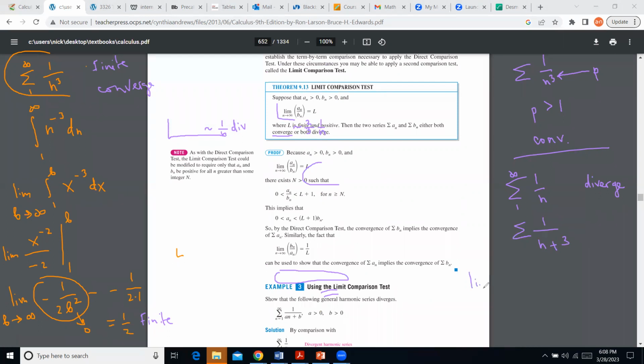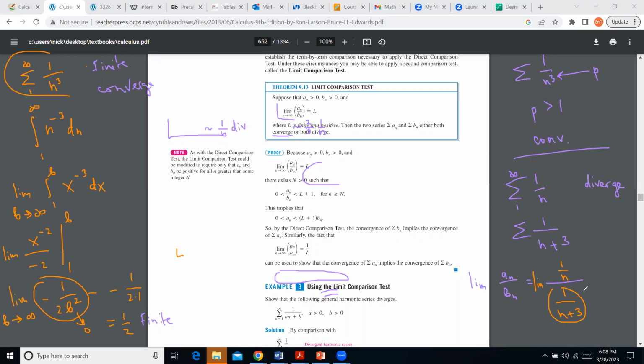So when the limit is taken of an divided by bn, so if I take 1 over n on the top and 1 over n plus 3 on the bottom, then I can flip that second fraction, so we still have a limit, of course.